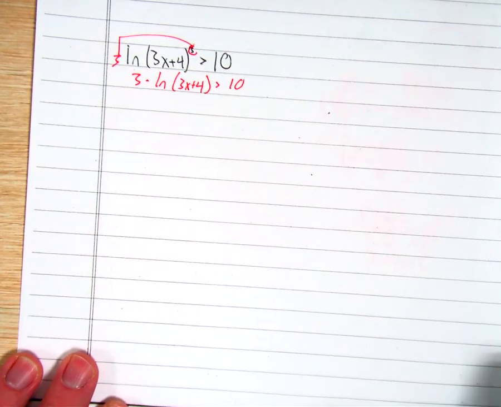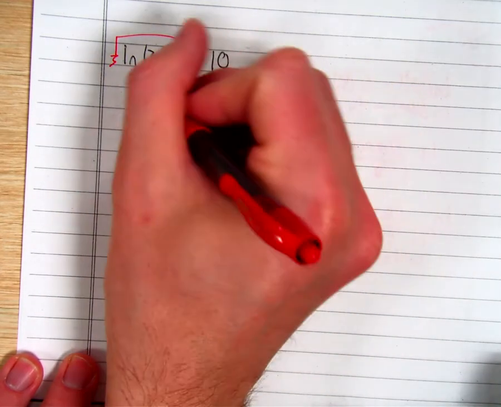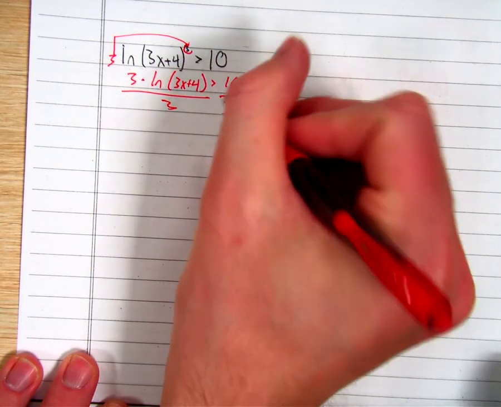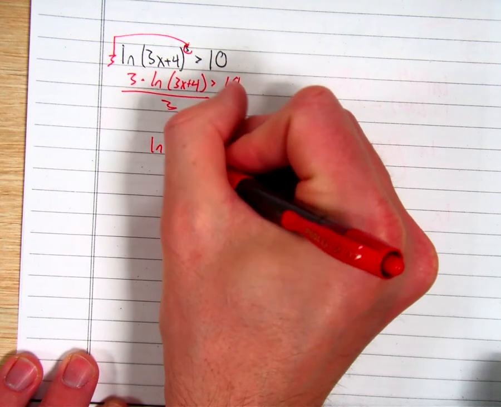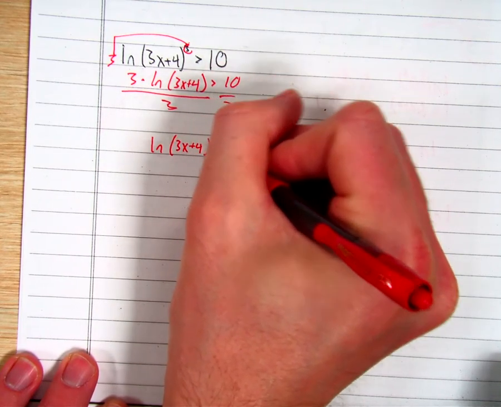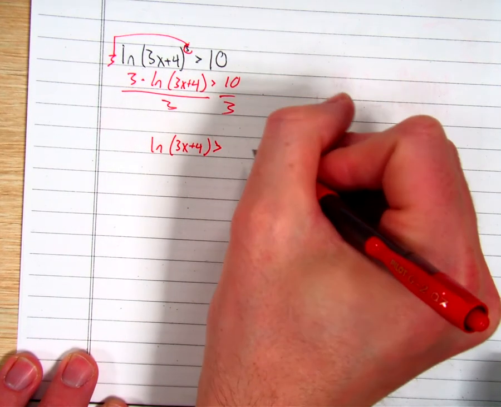Then I'm going to divide by that 3, get rid of it. Greater than 10/3.